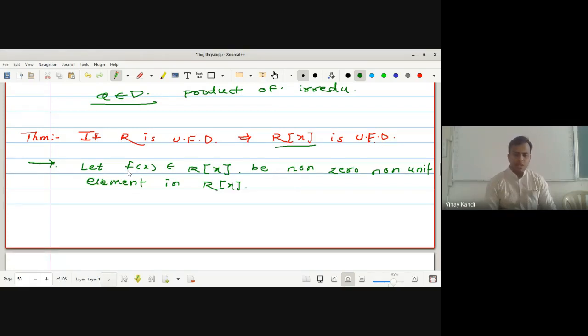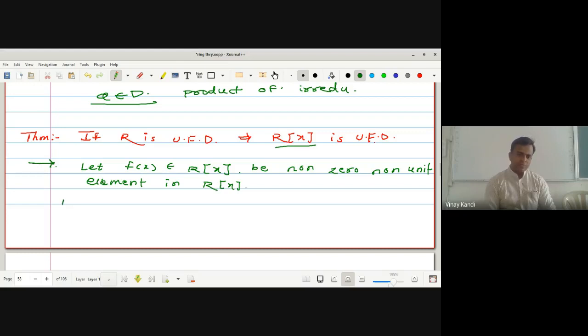Taking any polynomial in R of x that is non-zero and non-unit, we have to prove the first condition. What is the first condition of a UFD? Every non-zero non-unit element we can write in the form of a product of irreducible elements, and that representation is unique up to associates. So I have taken f of x, an arbitrary polynomial in R of x, a non-zero and non-unit element in R of x.